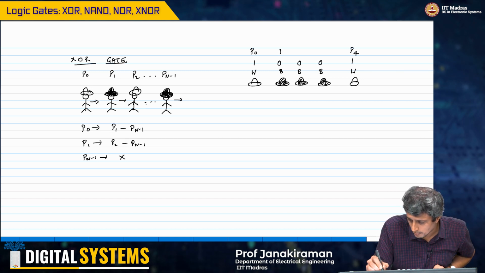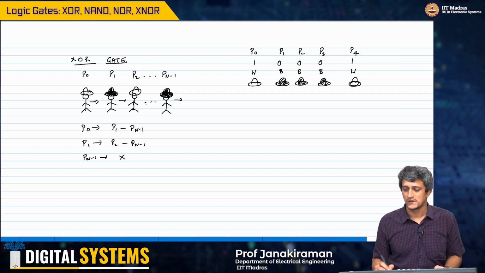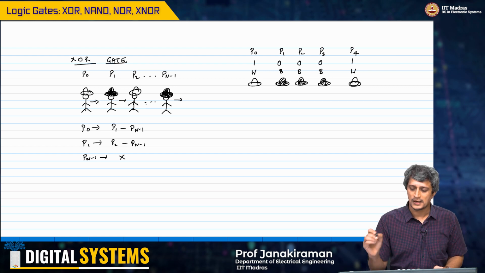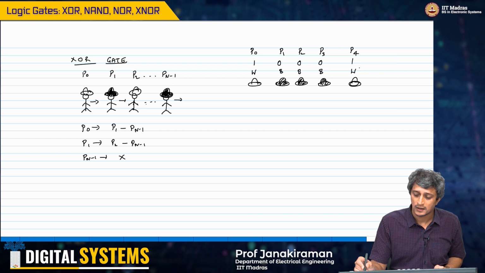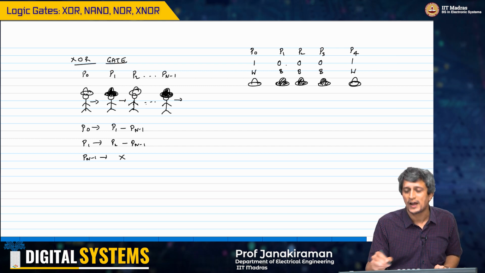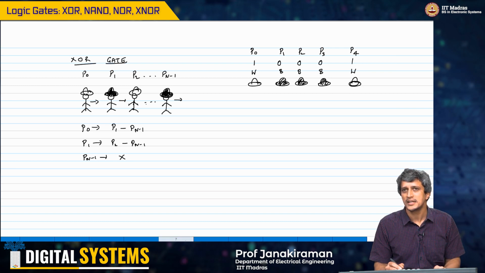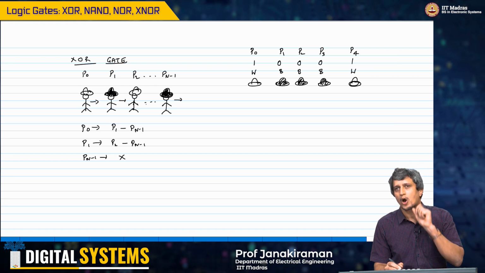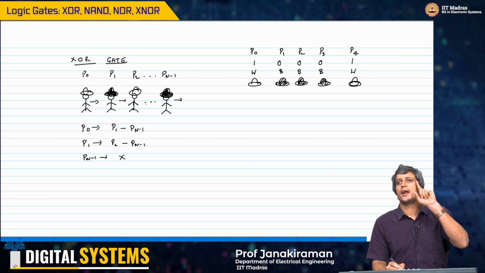P4, P1, P2, P3, P4, right? This is a white hat. So what we are going to say now is that P0 simply looks at the number of hats that he or she can see, right, and says, are there even number of white hats or odd number of white hats? If there are odd number, he will just say white.